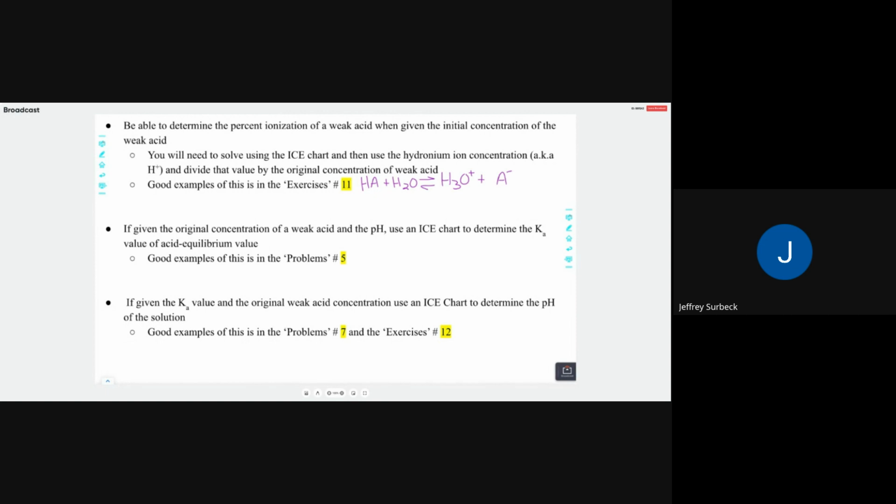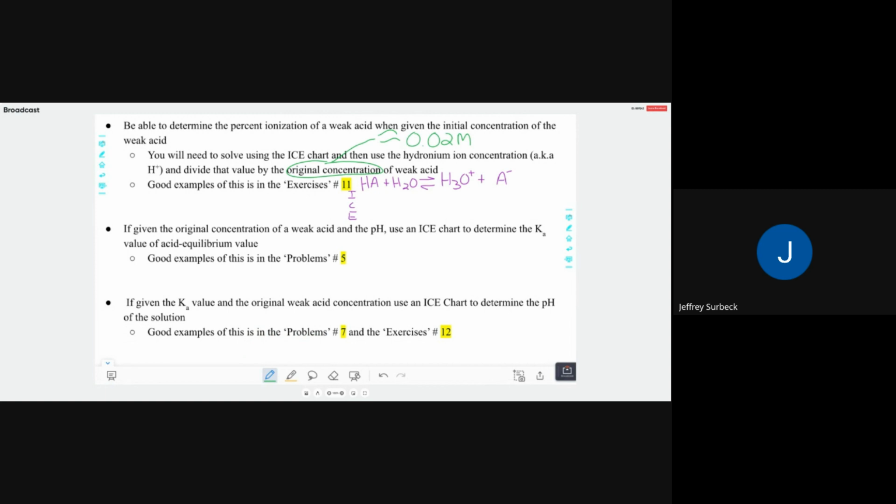What you're going to have to do in this is initially set up your ice chart, and you're going to be given some initial concentration. Let's just say hypothetically that your initial original concentration of the weak acid is 0.02 molar. All right, just for example.